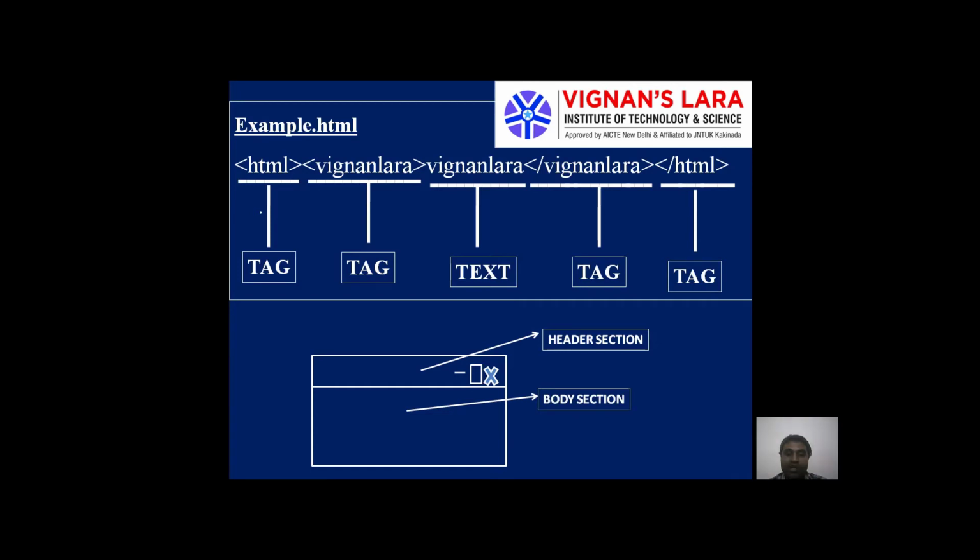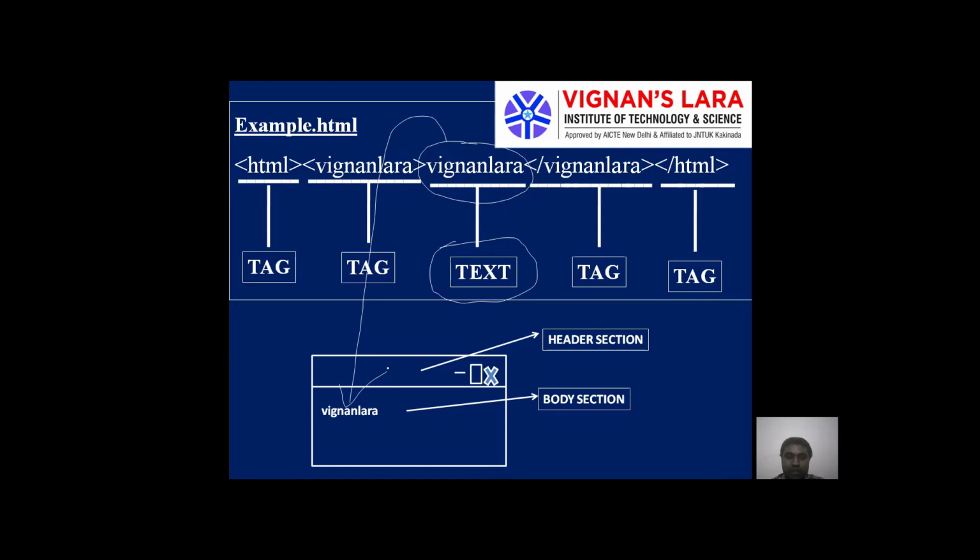In this body section we will get only one output. Previously we discussed that whenever a web browser encounters text, in this example the text is Vignan Lara, that text will be displayed on the output screen. So your output is Vignan Lara.